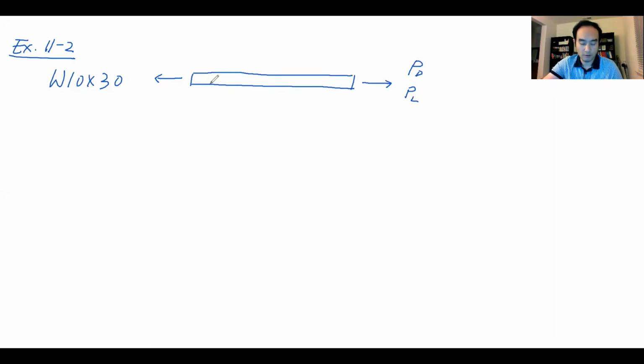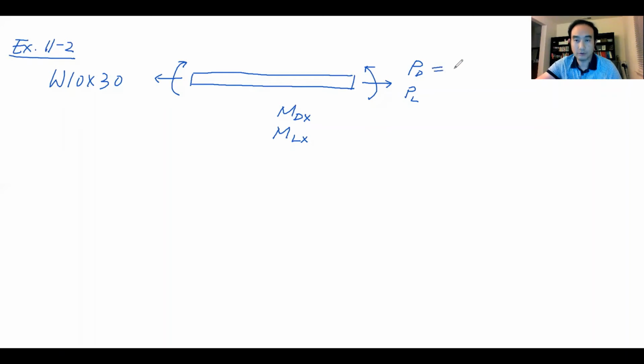And we do have bending moment as well. And those are MD and ML, and about strong axis MDX and MLX. So all those moments and the axial forces are given as this.